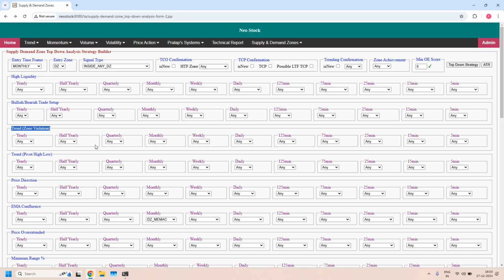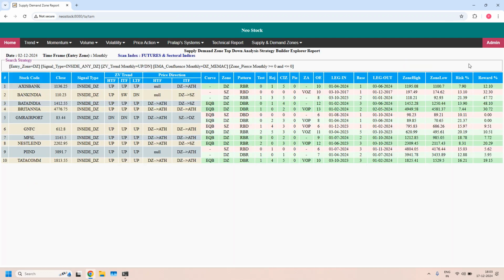That's why in the trend at monthly time frame, I am selecting up or down but not sideways. Let's filter further. Out of 18, 10 stocks are filtered. These 10 demand zones have monthly EMA Confluence and also the current price closed in these monthly demand zones.